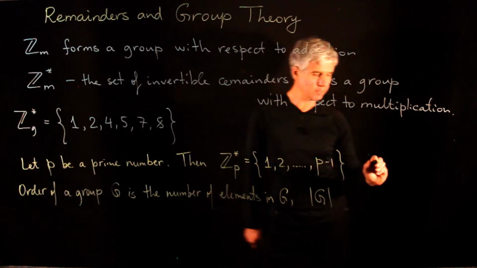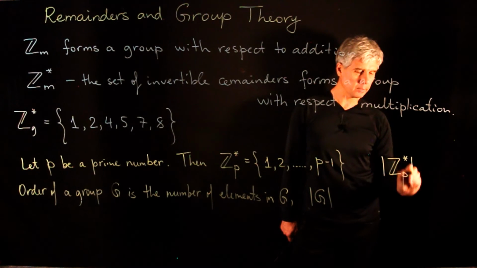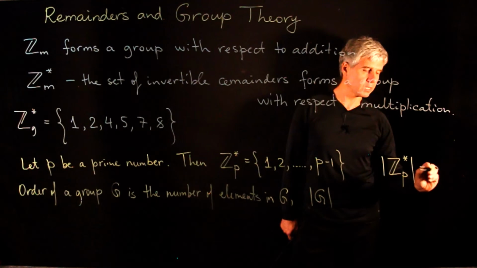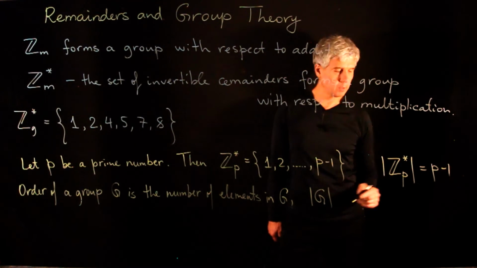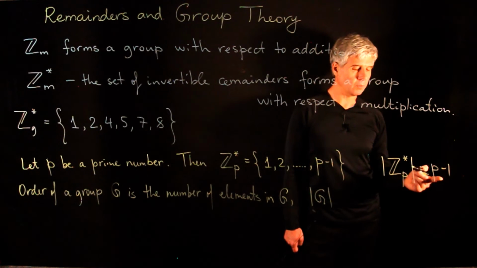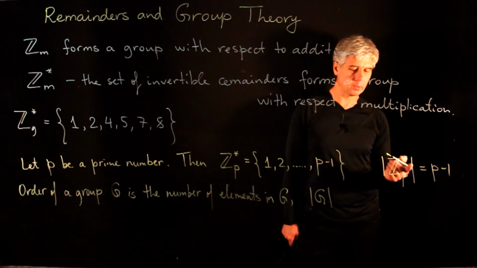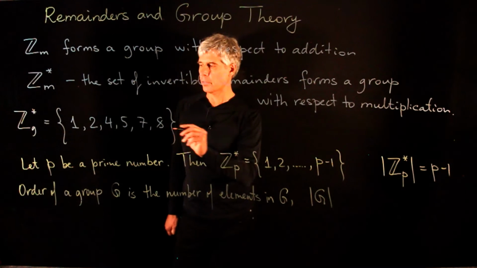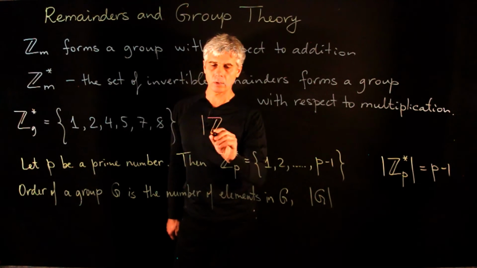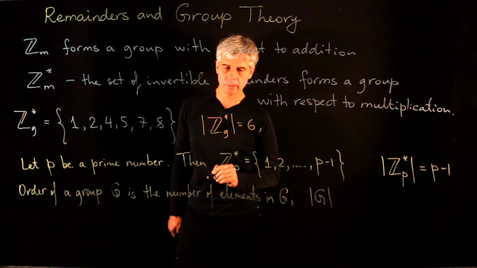So what we have here is that the order of Z P multiplicative, if P is a prime number, is P minus 1. Because we have P remainders in total, and when P is a prime, we only have to exclude 0 to get a multiplicative group. So the order of Z9 multiplicative is equal to 6.